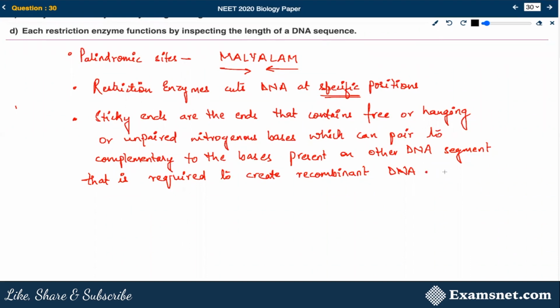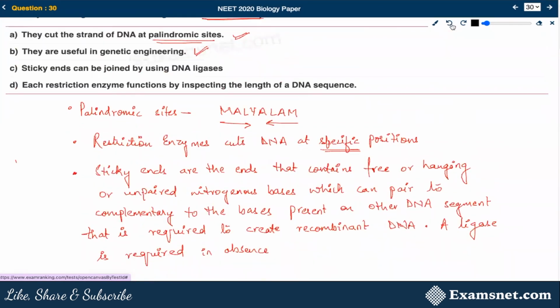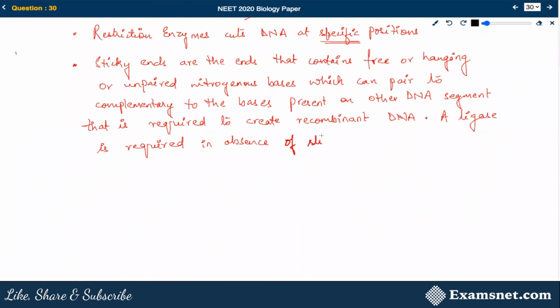So a ligase is required in absence, remember, in absence of sticky ends to join the two segments of DNA.